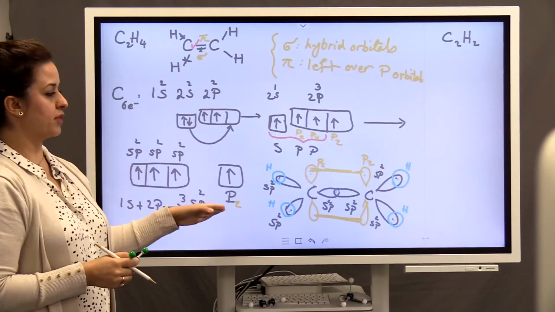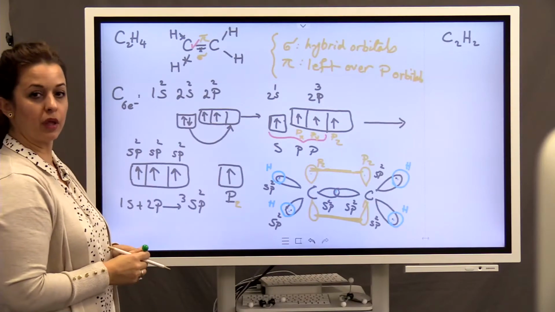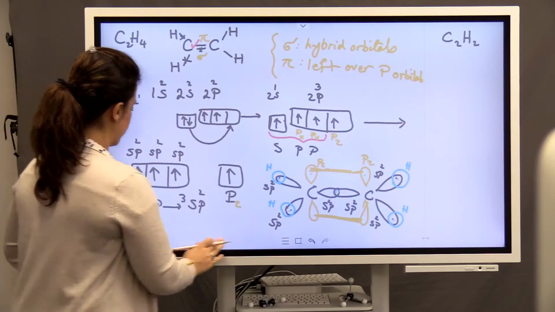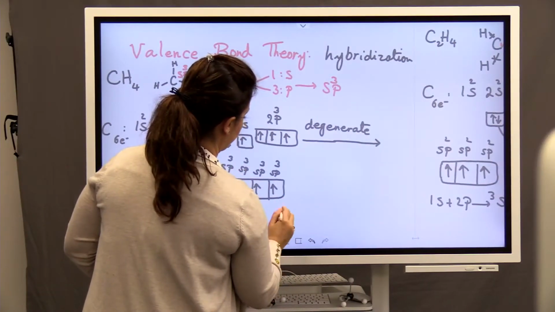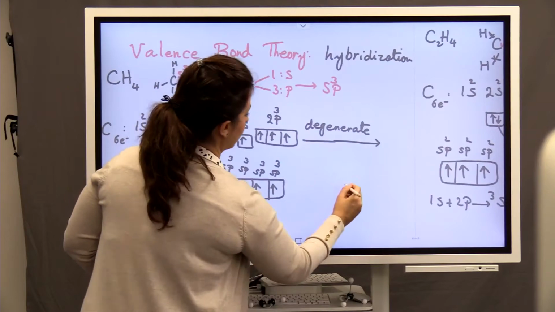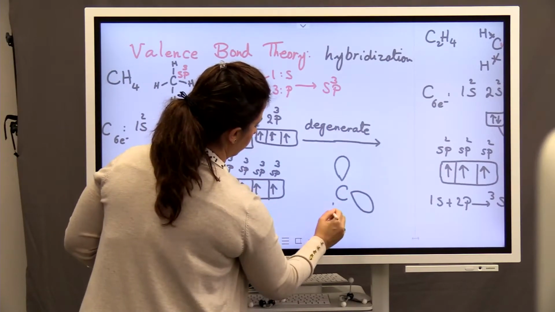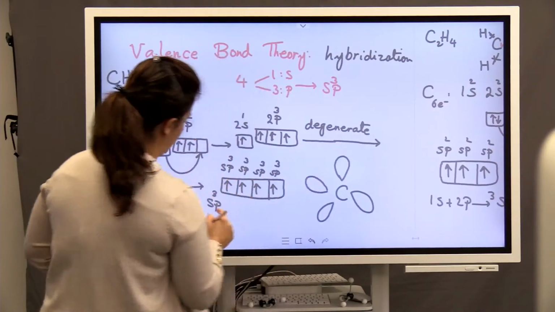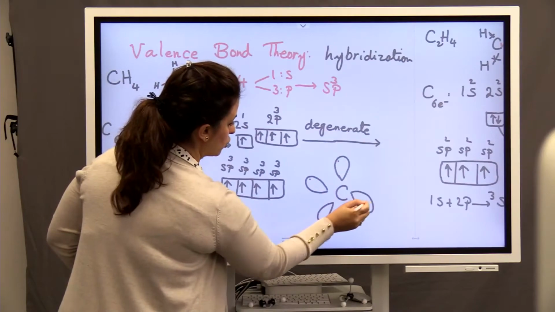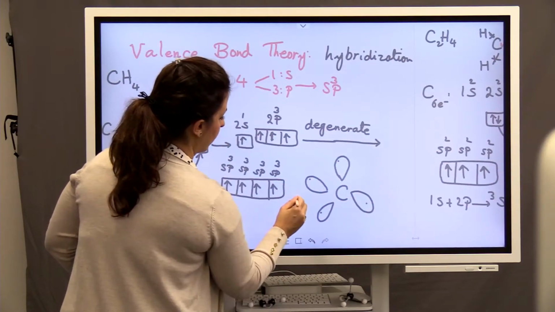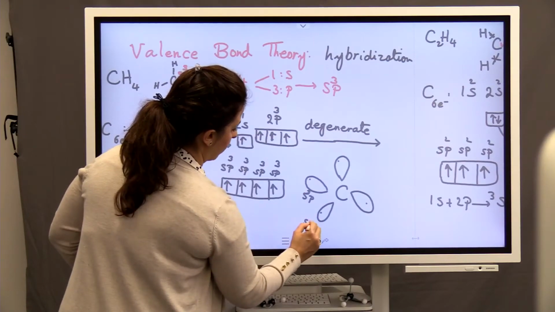The difference between this molecule and the previous molecule is that we have a leftover p orbital. By the way, I forgot to draw the hybrid structure of this molecule. If you need to draw it, it is carbon with the hybrid orbitals. 1, 2, 3, and 4. How many did we have? 4 sp3 orbitals. 1 electron in each. And then now, let me label them.